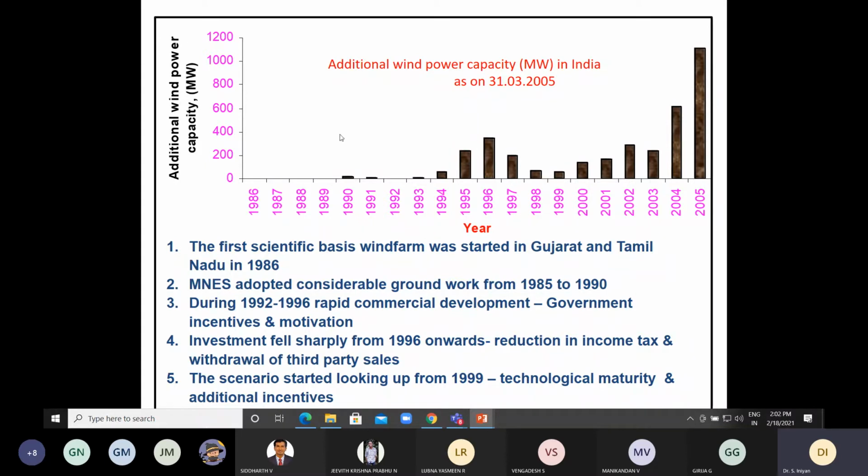It may come around 400 megawatt, and from 2001 it gradually increased up to 2006 and onwards, it increased gradually in the rate of capacity production by wind power, the capacity of generating energy from the wind power, right?